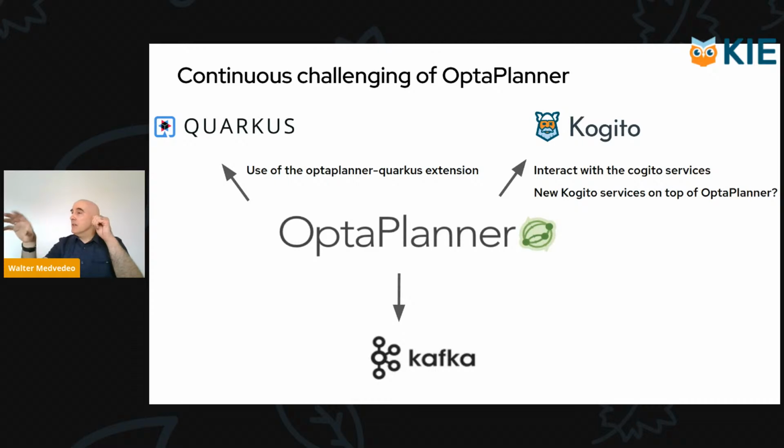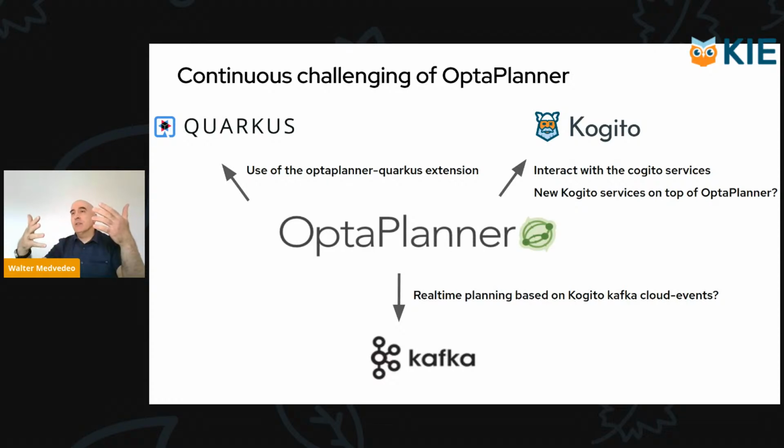And the last thing that is important for us that comes into the scene is Kafka, right? Right now, we know that real-time planning is possible in OptaPlanner. Real-time planning means that OptaPlanner can react to a change in context. For example, you create a new task, you complete a task, you assign a task from one user to the other.